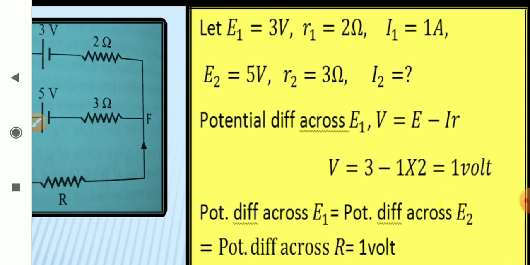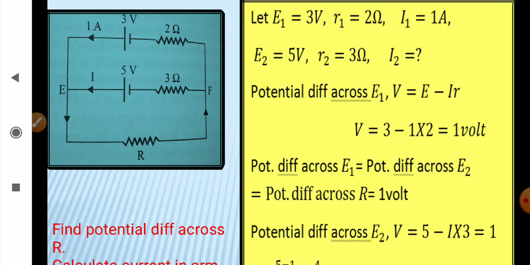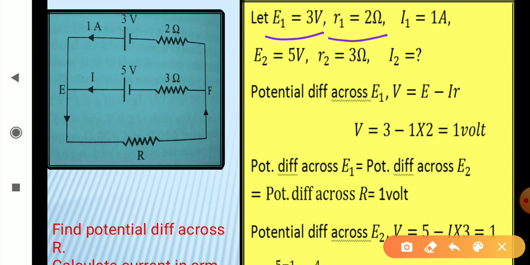So let us start with whatever is given to us. From here you can see E1 is 3 volt, R1 is 2 ohm, I1 is 1 ampere, E2 is 5 volt, R2 is 3 ohm, and I2 has to be found out, which is equal to I. Now potential difference across E1 is V equals E minus IR.